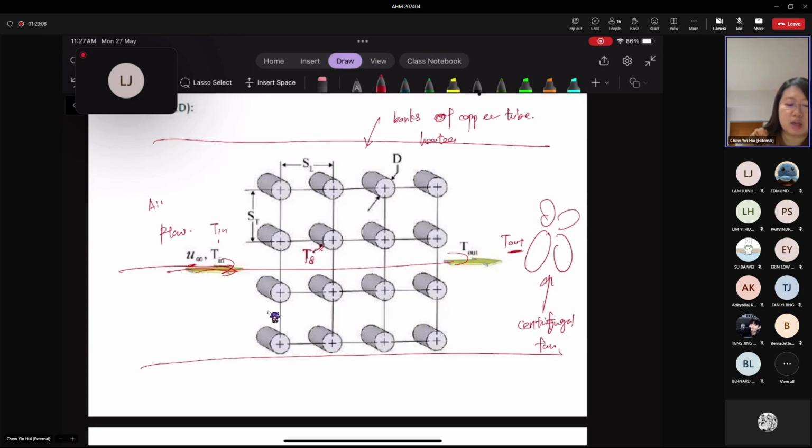Your air comes in at a lower temperature, let's say room temperature of 28 degrees Celsius. When it flows past these banks of tubes, it will be heated and leave at a higher temperature, let's say T out.